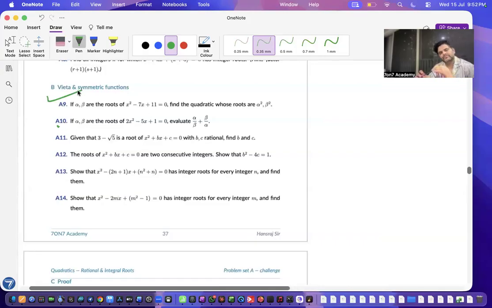This question, 9th or 10th? Ninth first. See, first this says alpha plus beta is what? Plus 7. Alpha into beta is what? Plus 11. Now you tell me, if you have alpha square and beta square as roots, so alpha square plus beta square you have to get now.